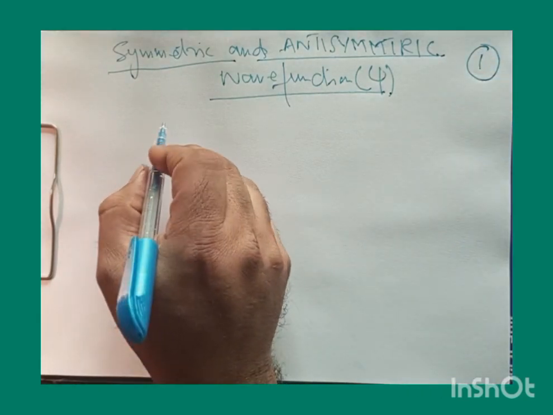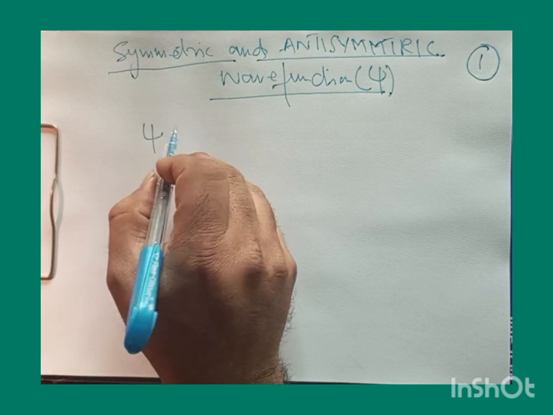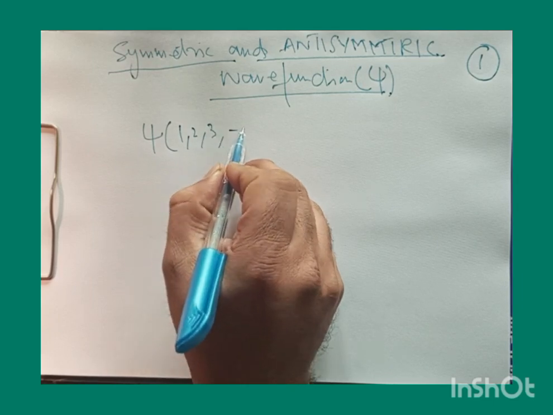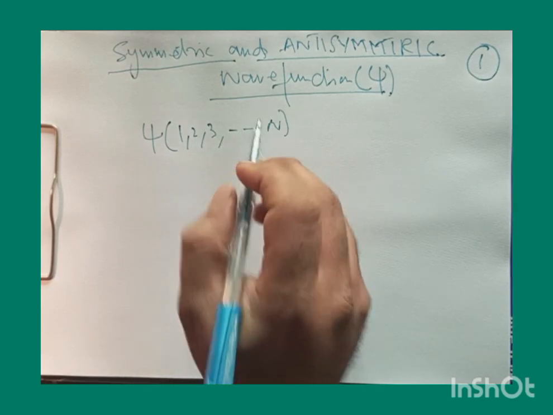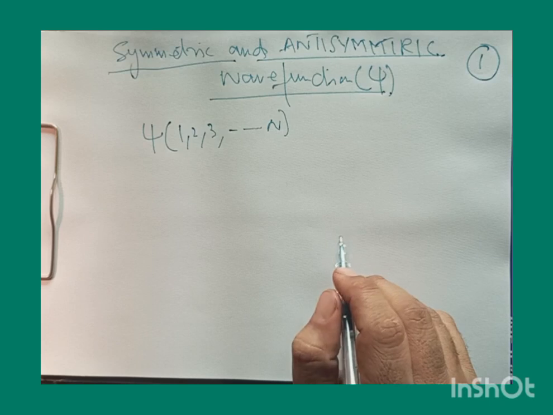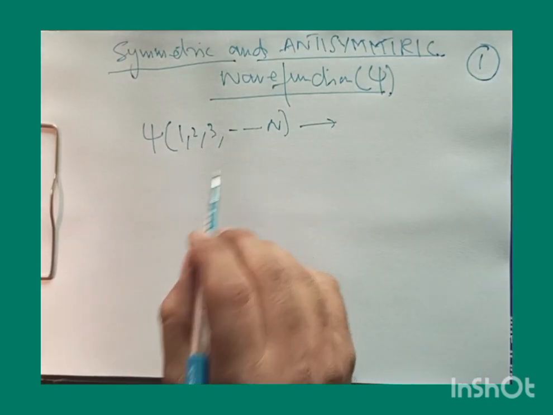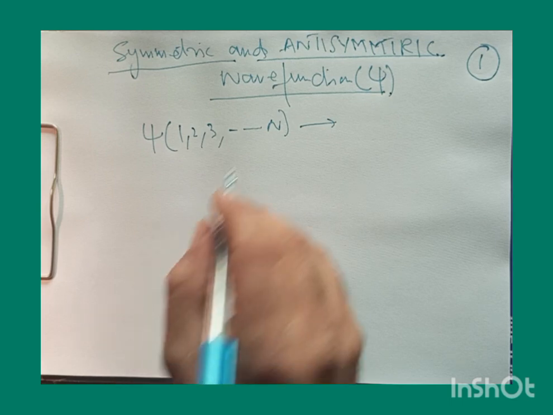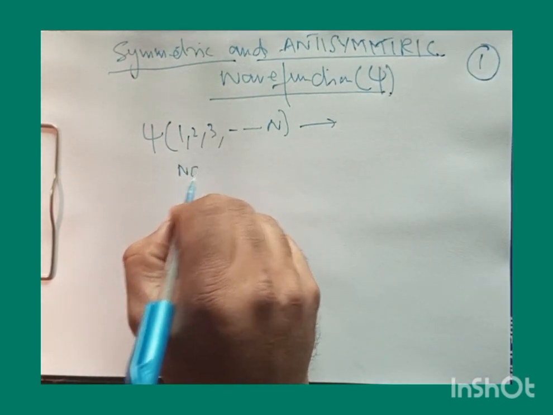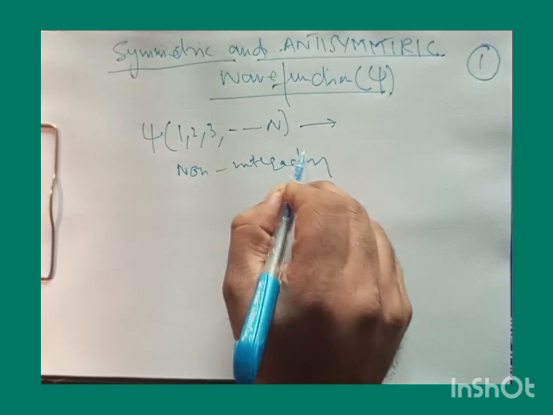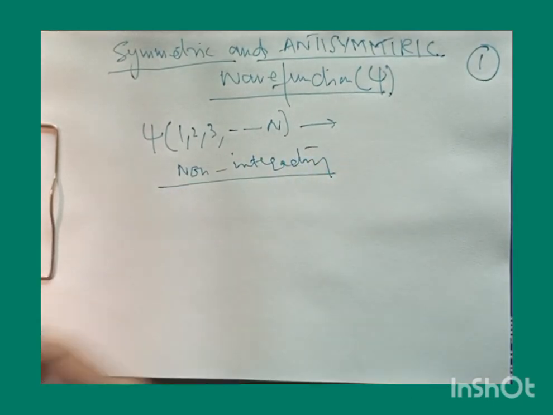Suppose I have a wave function psi, which is representative of the n particles of a system, and these are non-interacting particles. They don't interact at all. So there is no electrostatic interaction between these particles, and this is the assumption.